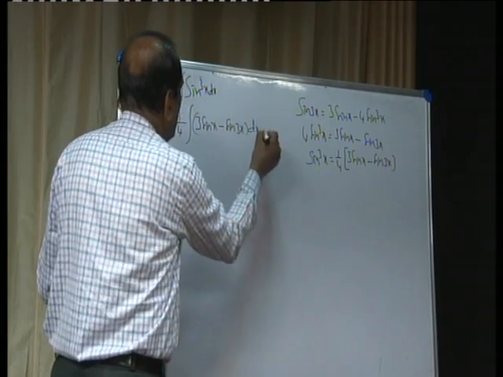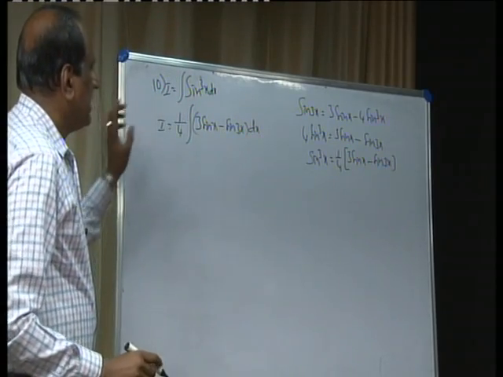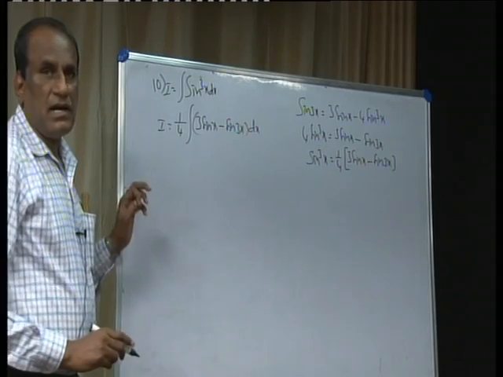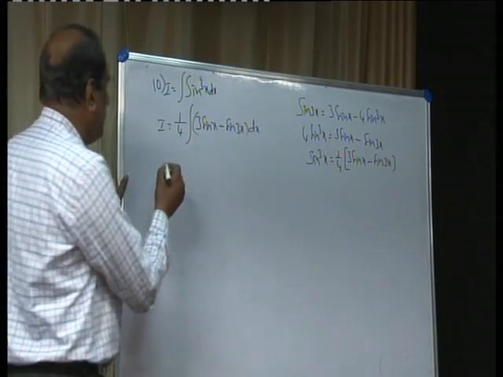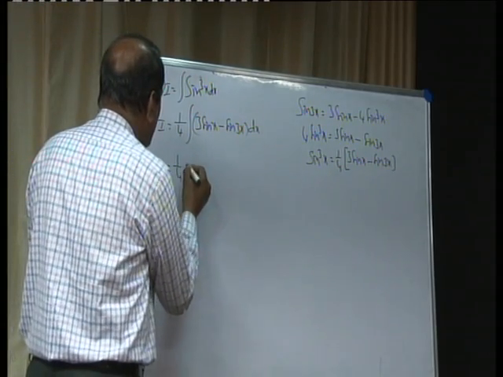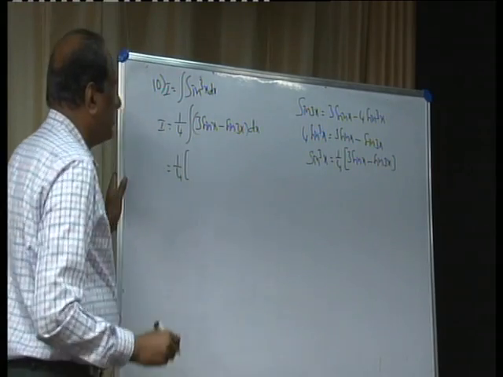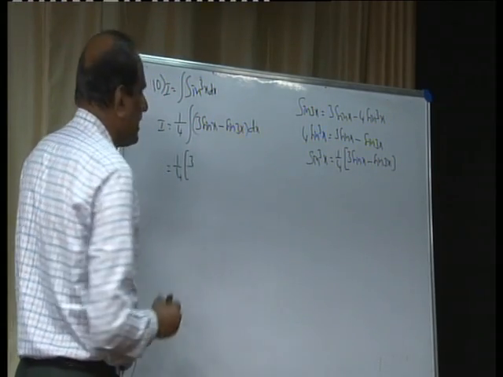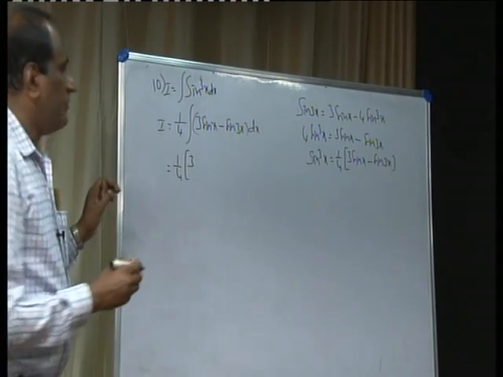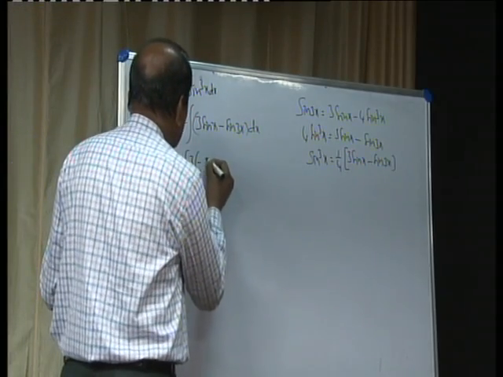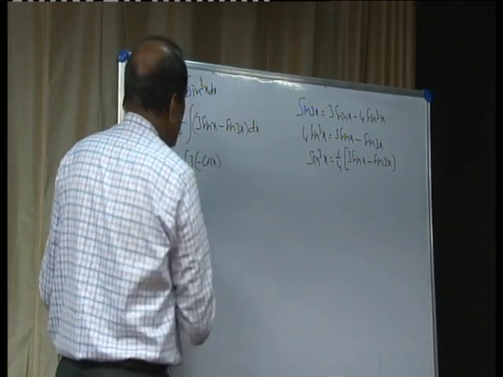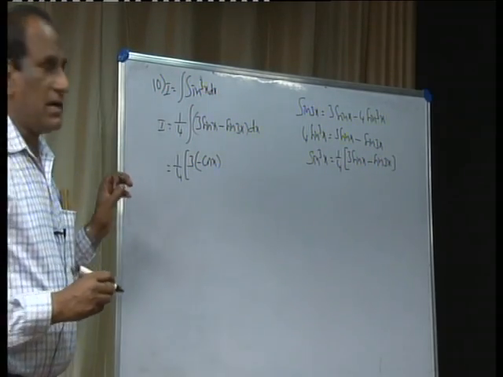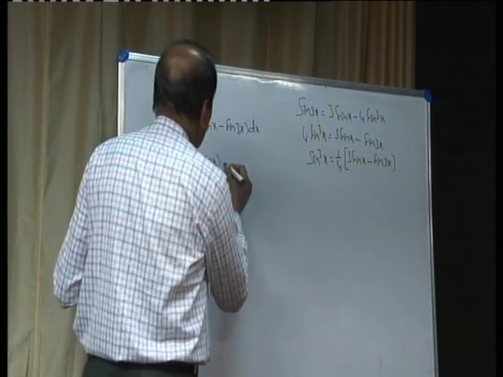The integrand is 3 sin x minus sin 3x, and the constant is 1 by 4. Now 3 is a constant, and integration of sin x is minus cos x.